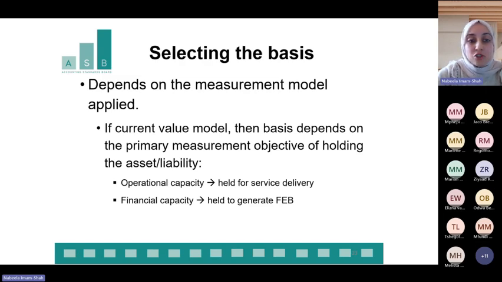So if entities chose the current value model, then the basis depends on the primary measurement objective of holding the asset or liability. If it's for operational capacity, then the entity holds the asset or liability for service delivery. If it's for financial capacity, then the entity holds the asset or liability to generate future economic benefits.